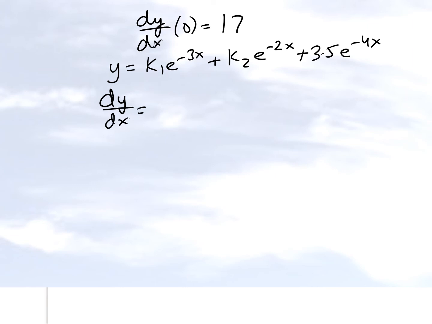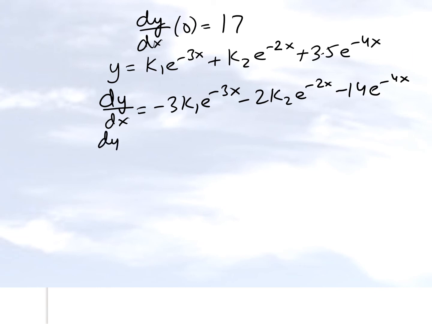dy/dx would be minus 3k1 e to the power minus 3x, minus 2k2 e to the power minus 2x, and then minus 14 e to the power minus 4x. This is just based on the formula that the derivative of e to the power ax is a e to the power ax. So that being said, let's go and apply the condition that at 0 it is 17.